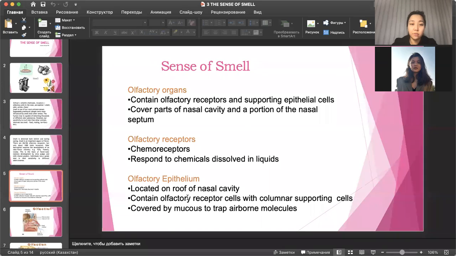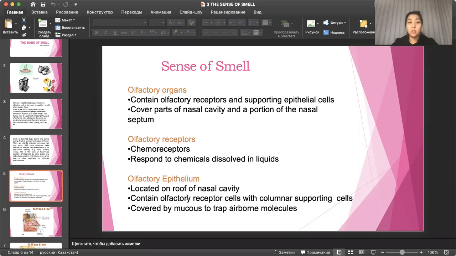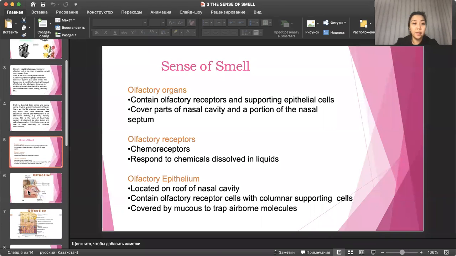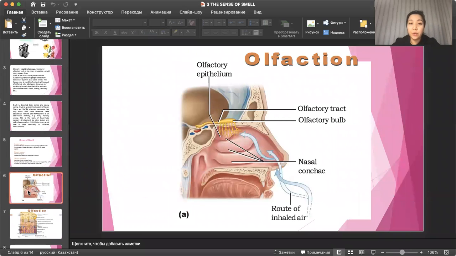The olfactory receptors are chemoreceptors that respond to chemicals dissolved in liquids. So the olfactory epithelium located on the roof of the nasal cavity contains olfactory receptor cells with columnar supporting cells, covered by mucus to trap airborne molecules. So in this slide, you can see what the olfaction looks like.